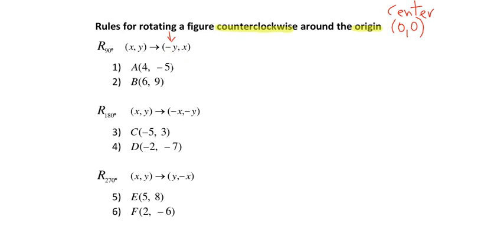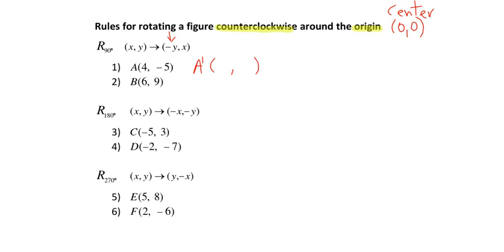So we see that the value of y is going to change its sign, and also the positions are going to change. From x, y now changes to y, x, and the y value changes its sign compared to the original value. So in this case, if we do that, A prime should be this.